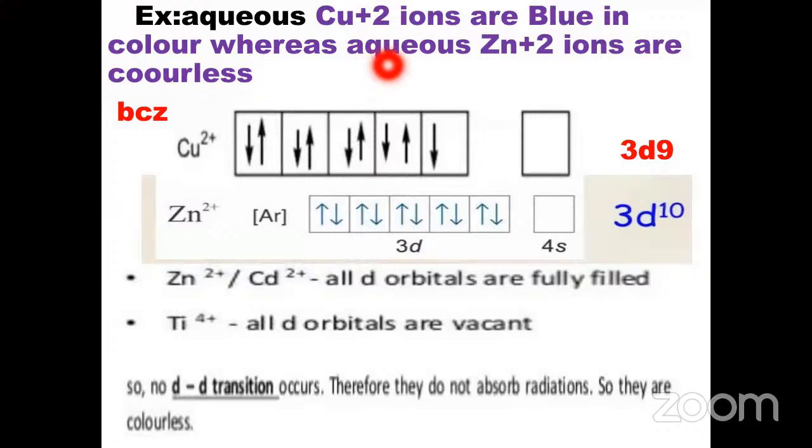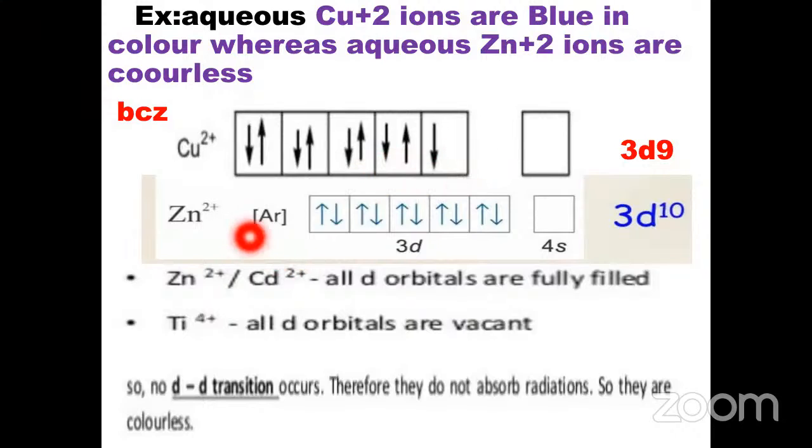Example, aqueous Cu2+ ions are blue in color, whereas aqueous Zn2+ ions are colorless. Because the Cu2+ electronic configuration is 3d9 and 4s0. In this 3d9, it has one unpaired electron, so it shows color.